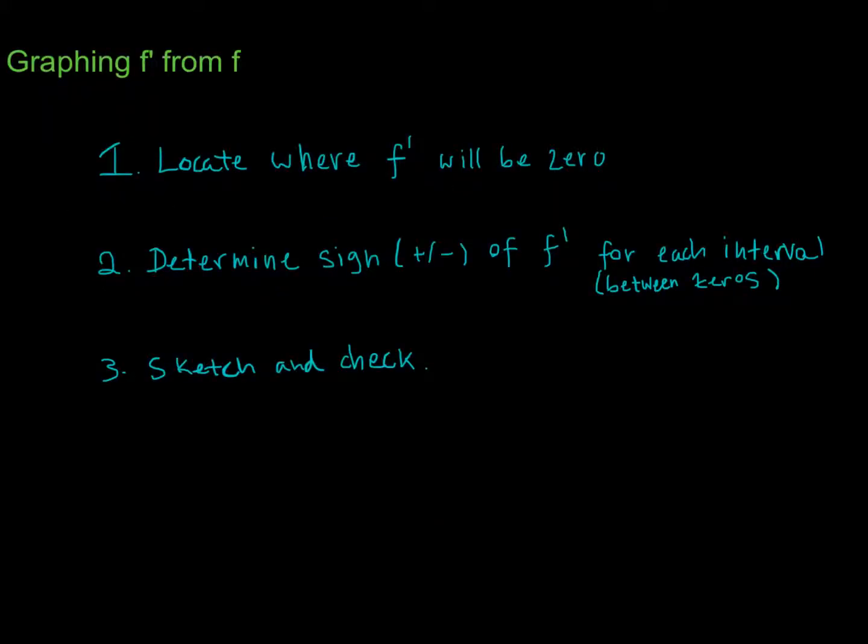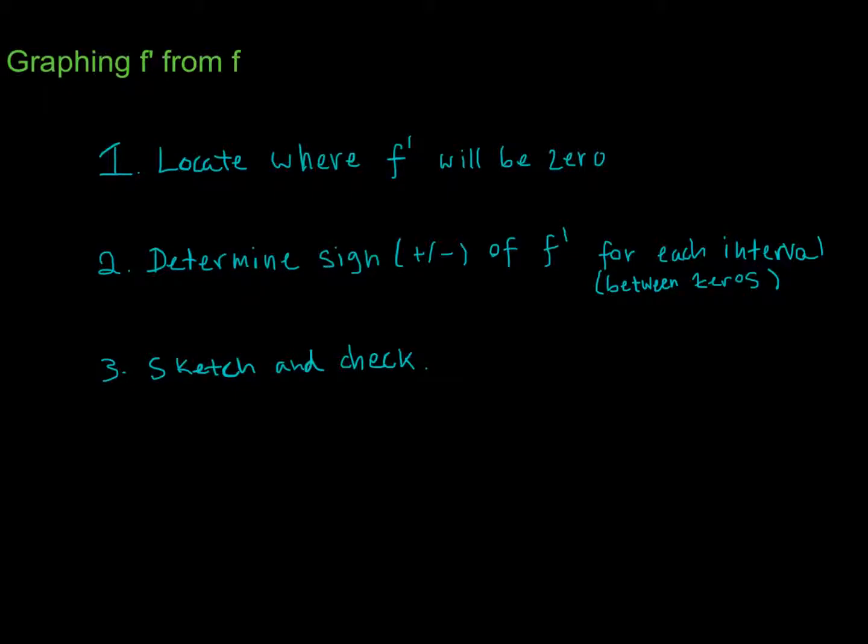All right, so if I'm going to graph the function f prime and I just have the function f, there are some very easy steps that will allow us to sketch a really accurate graph of the derivative. The first thing, and this will probably sound familiar to something we've done before, is to locate where the derivative will be 0. If you're thinking about the derivative always as the slope of your function f, where is the slope of your function f going to be 0?